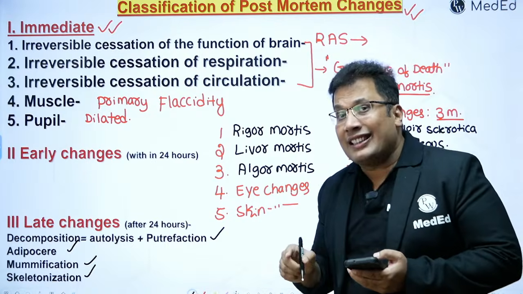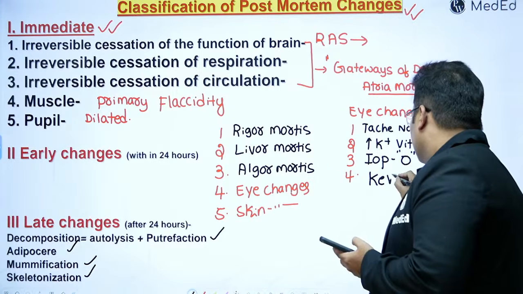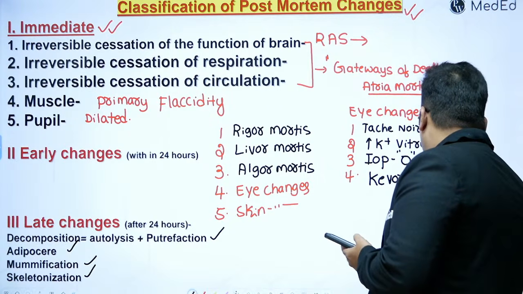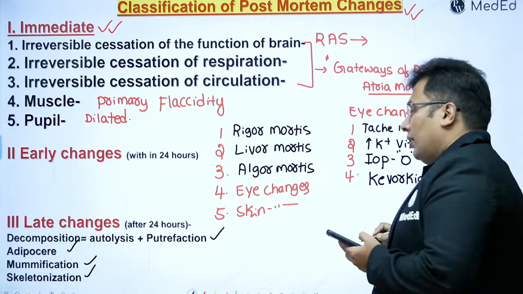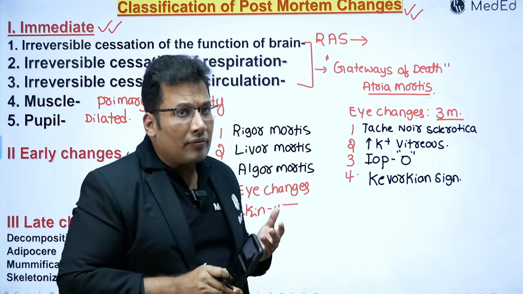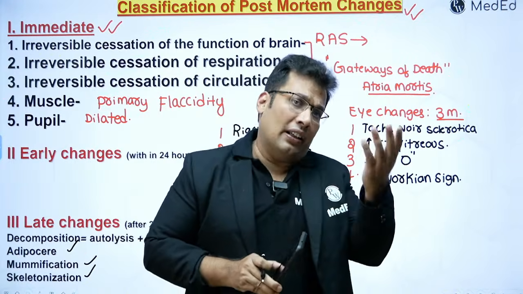And in the retinal vessels, you will see Kevorkian sign. Very important. What is Kevorkian sign? Kevorkian sign is fragmentation of blood in the retinal vessels.